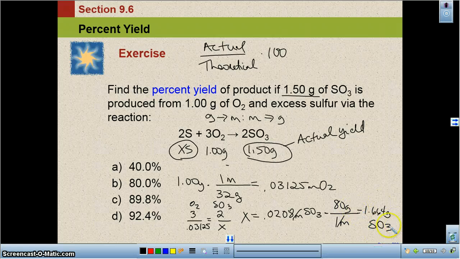So I'm not finished with my problem because what it wants to know is the percent yield. So I'm going to take my actual, which is 1.50 that I had in the lab, divide by my theoretical, which is 1.664, and multiply that answer times 100.